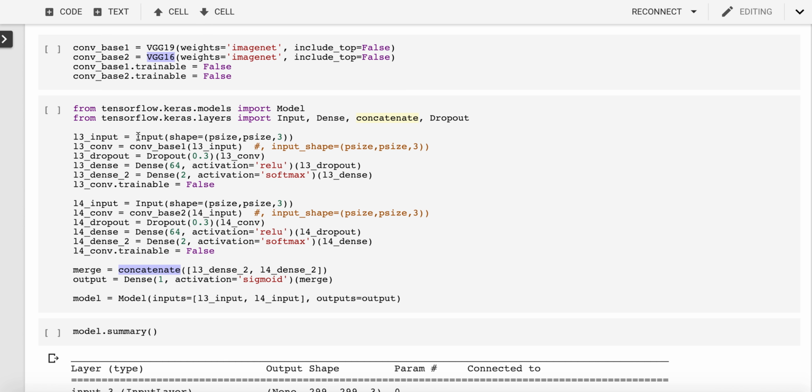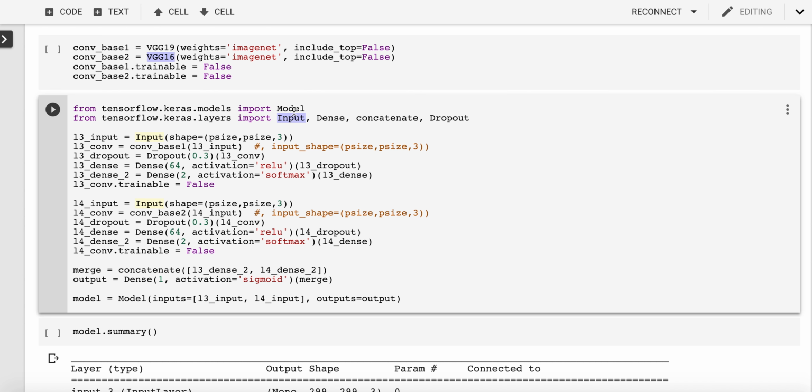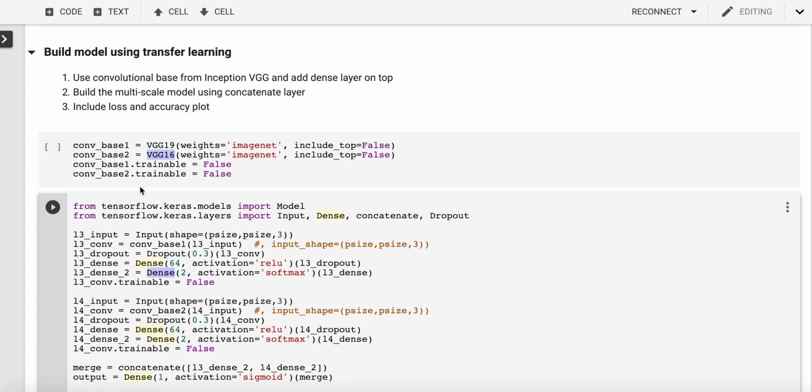The way to do it is to have input layers and concatenate layers so that we can concatenate different inputs. For each tower, we have this convolutional base, we have dropout, we have a dense layer. For the convolutional base here, we use VGG19 and VGG16.